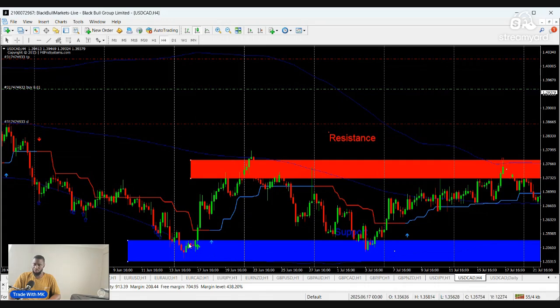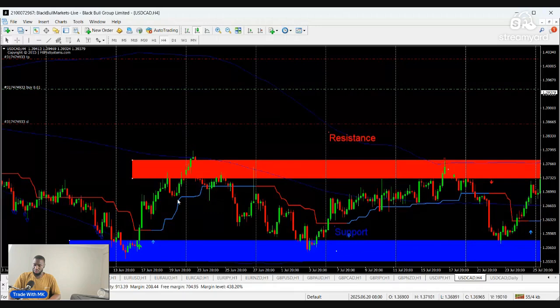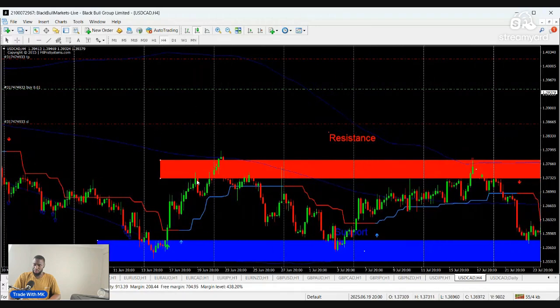That is now considered my support. The price came to my resistance zone and returned back, see, it dropped. That's considered a resistance right there.